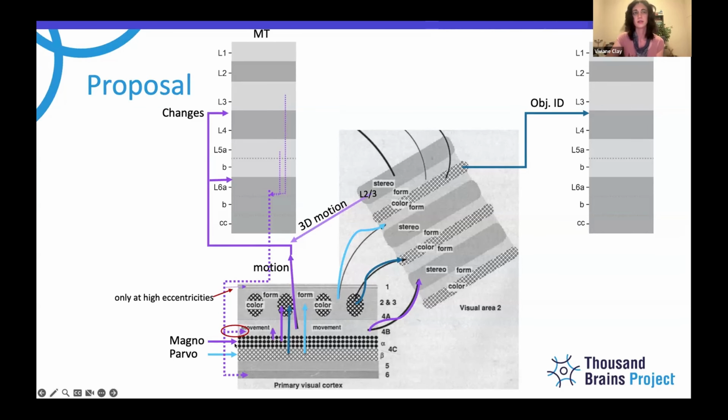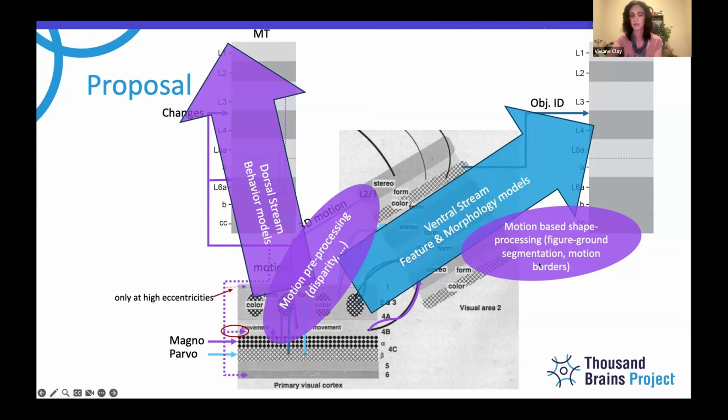There's also some directionally sensitive information going to V2 and V4, but people have proposed that that might be more for motion-based shape processing, like figure-ground segmentation or detecting motion borders of objects.